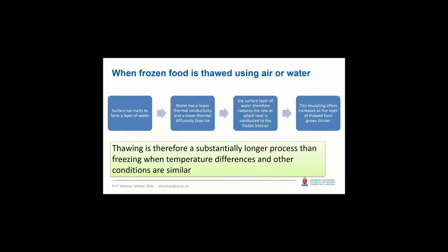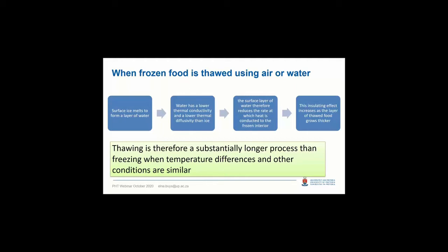So when frozen food is thawed using air or water, the surface ice melts to form a layer of water. But water has a lower thermal conductivity and a lower thermal diffusivity than ice, and the surface layer of water therefore reduces the rate at which the heat is conducted to the frozen interior.